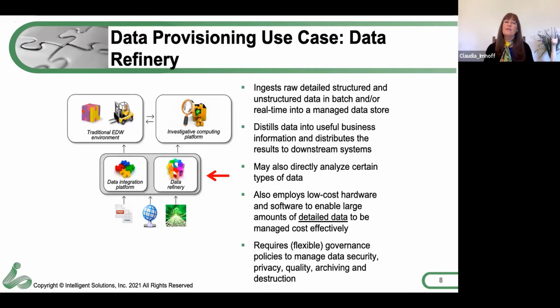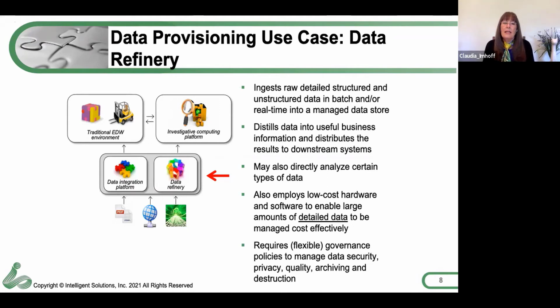It distills the information into useful business information and distributes the results to those downstream systems. It may also directly analyze certain types of data. But again, we're talking about low-cost hardware and software, enabling large amounts, this is where the big data stuff comes in, of detailed data to be managed cost-effectively.